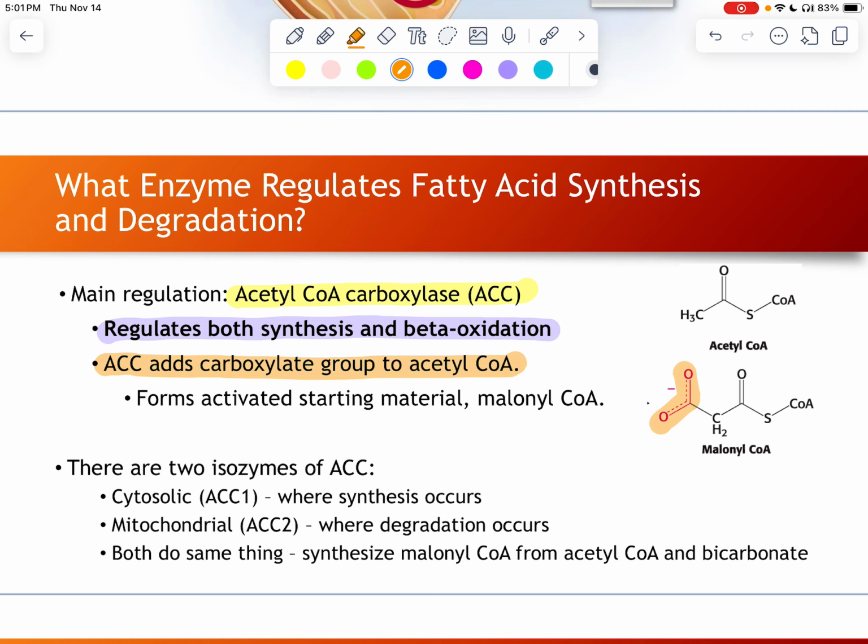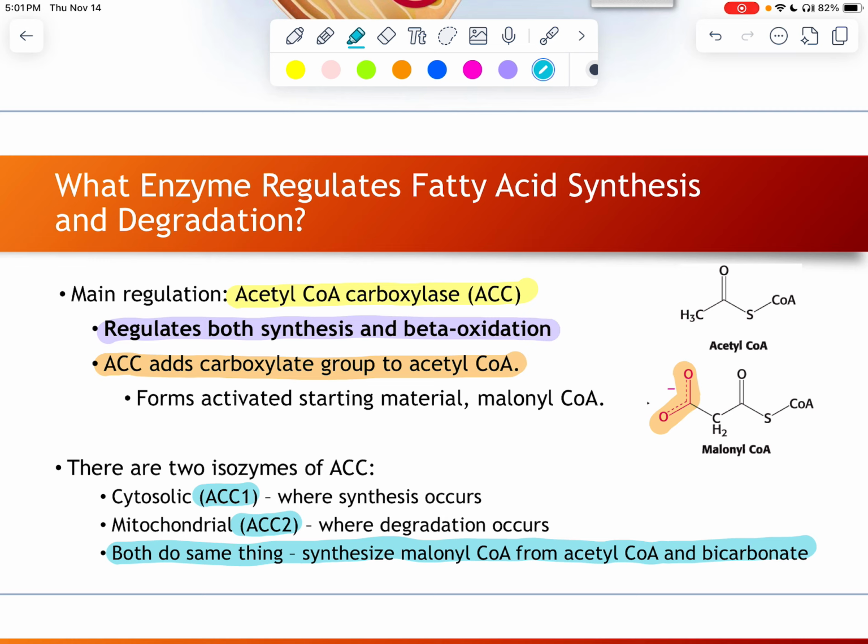So there are two isozymes of this enzyme. ACC1 is in the cytosol, so synthesis is occurring there. ACC2 is in the mitochondrial matrix, and that's where that degradation occurs. But even though they're in different places, they do the same thing. They both synthesize malonyl-CoA from acetyl-CoA and bicarbonate.